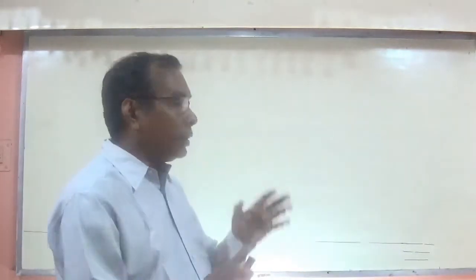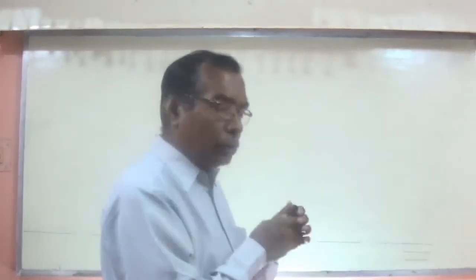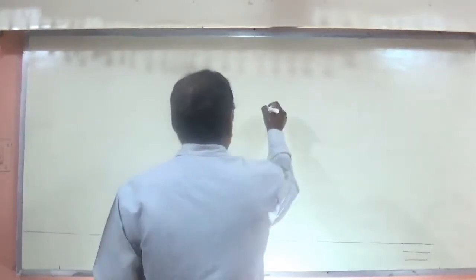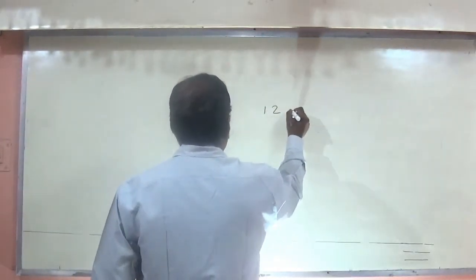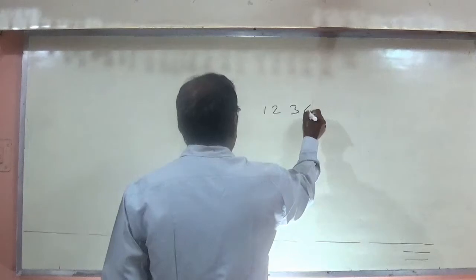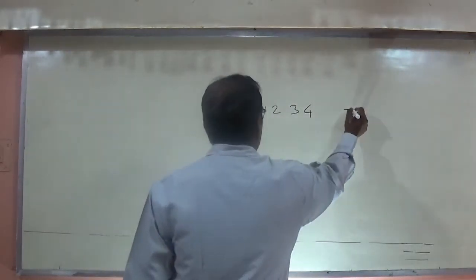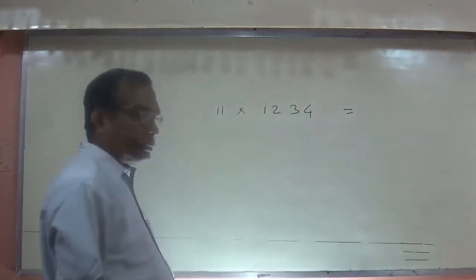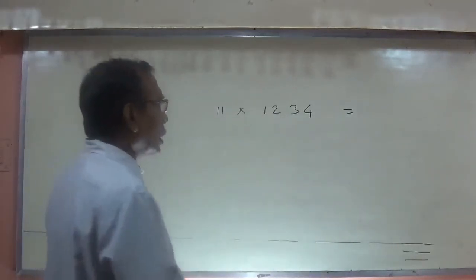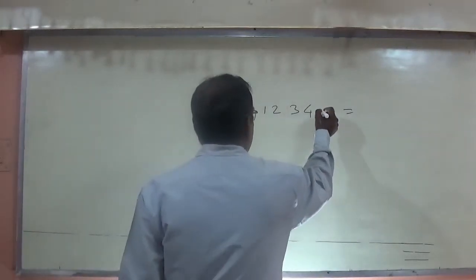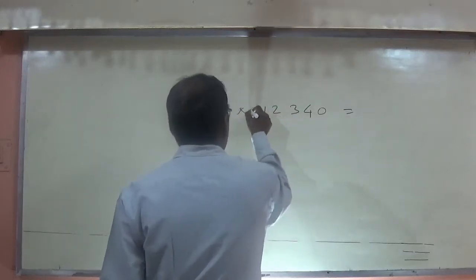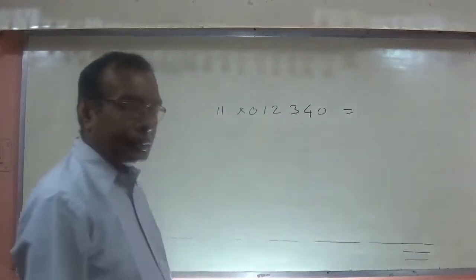Now it is a multiplication trick, only a few minutes will be required. Suppose I randomly select the number 1, 2, 3, 4, and you are going to multiply it by 11. What will be the answer? You have to consider mentally that a 0 is in the front as well as in the back.